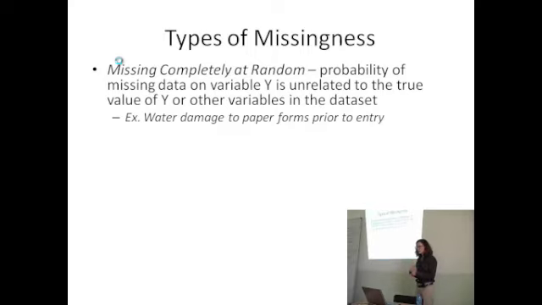So missing completely at random is data where the probability of the missing data is not related to that particular variable or any other variable in the system. For example, if you have a flood in the building and it wipes out all the forms for a specific day in clinic, that is not related to the patients that came to clinic that day, it's not related to the clinicians that were collecting data, it's not related to the patient's severity of a disease, it's not related to anything, right?